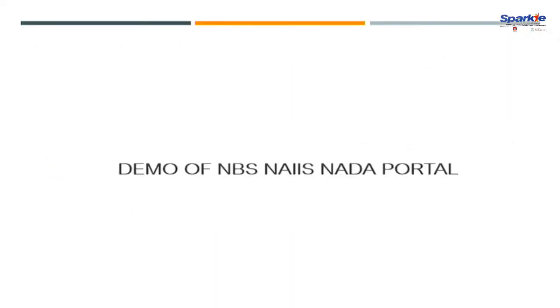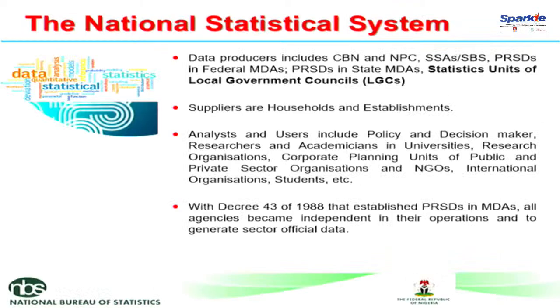I think that's much about it. Then this is the National Statistical System. The National Statistical System data producers include CBN, National Population Commission, the state statistical agencies.